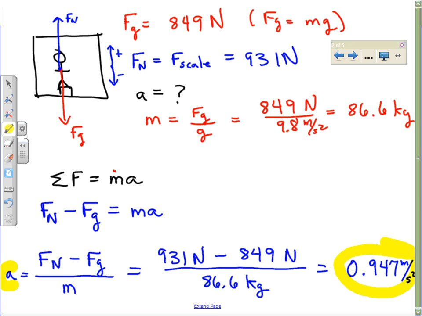That is our acceleration. What direction is it? It's in the up direction because it's positive. So there's an example for an elevator problem. It's a little different than the ones we've done in the past.